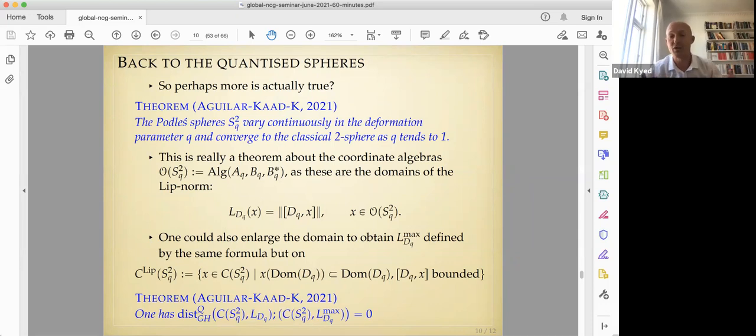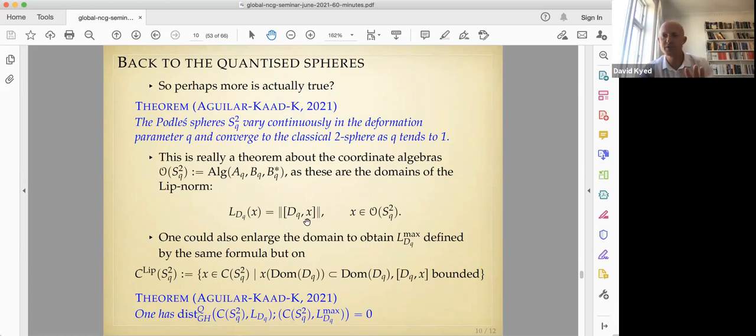And now you might start feeling upset again with me, because does this really justify being called a theorem? Because you might think at this point that this is just a matter of looking at the derivation that comes from taking the commutator and then passing to the closure and making sure that everything matches up.